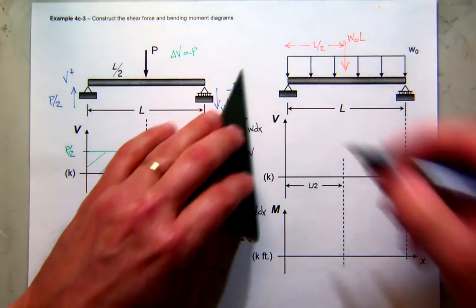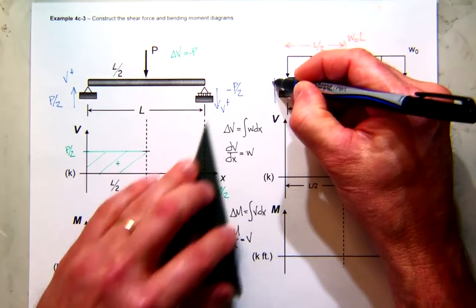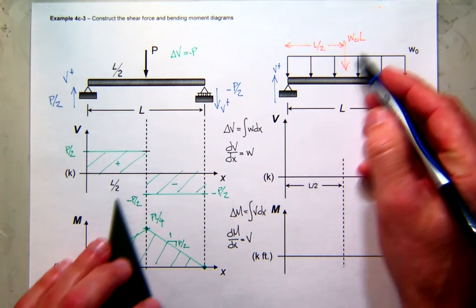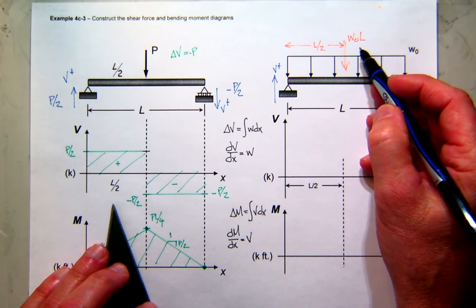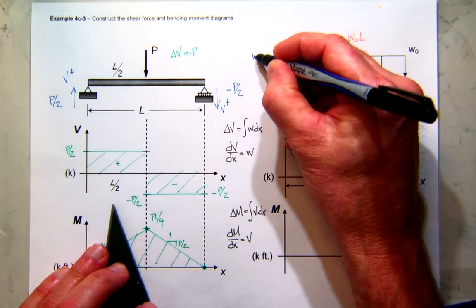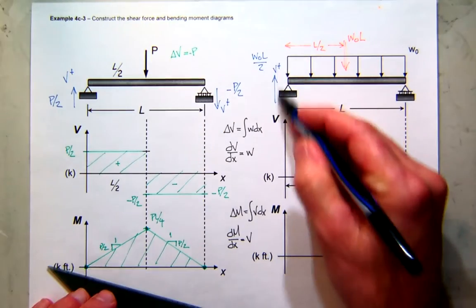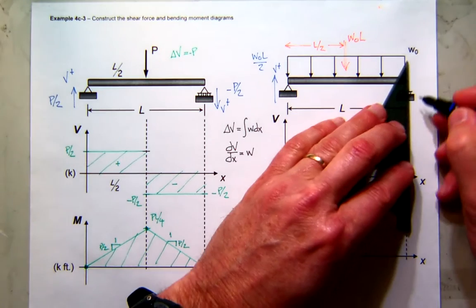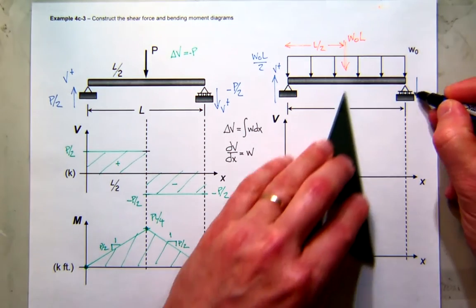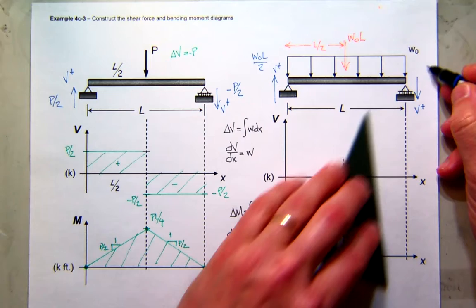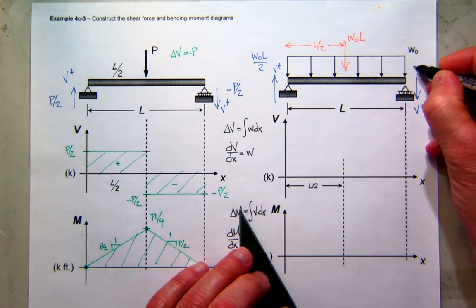So what is going to be my positive shear value? On the right-hand side, it's going to be this load divided by 2. So that's going to be W naught L over 2. And it is going to be acting up. Now, you've got to remember positive shear on the right-hand side is down, but my reaction is going to be up. So this is going to be negative shear.